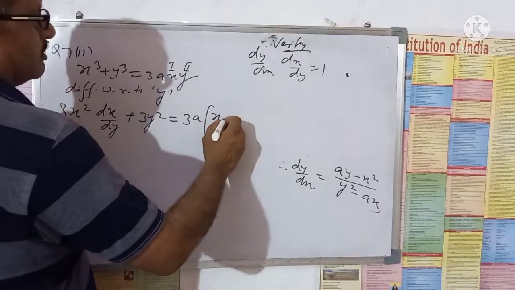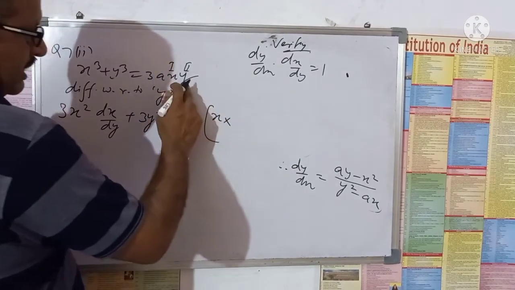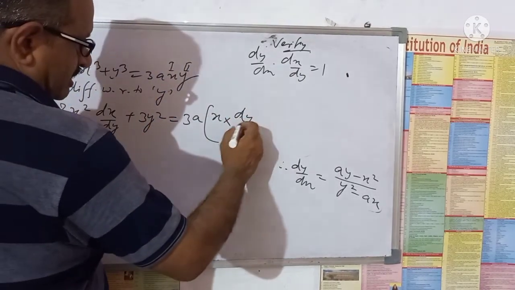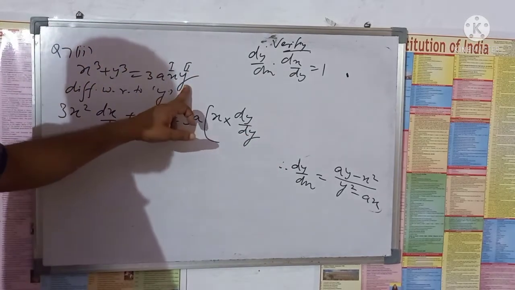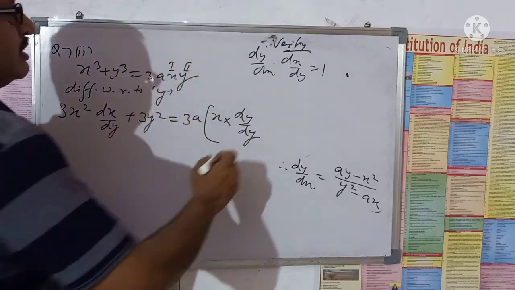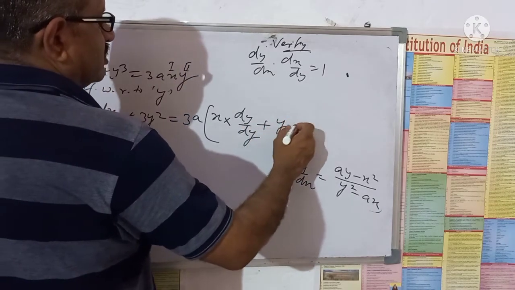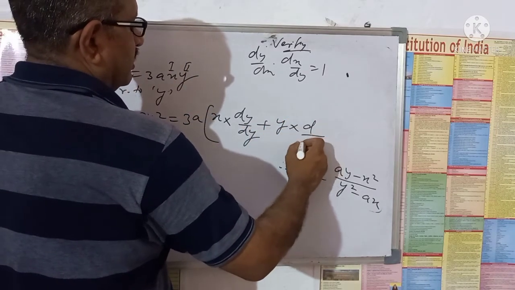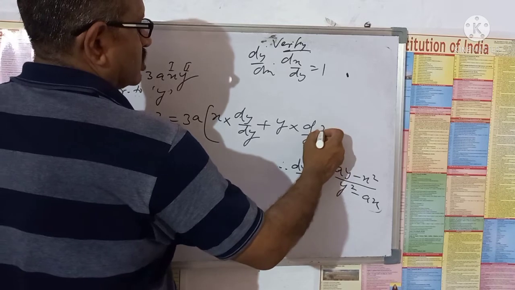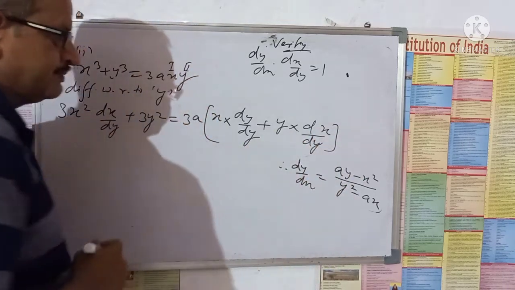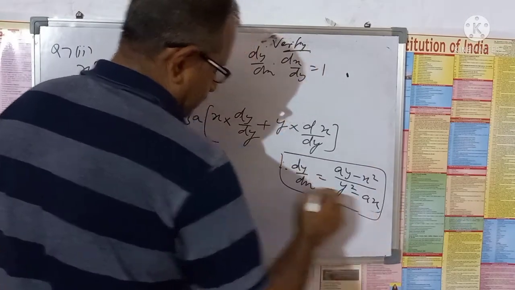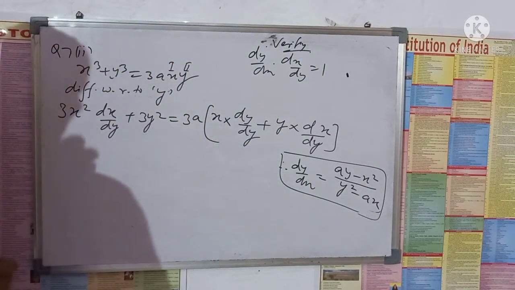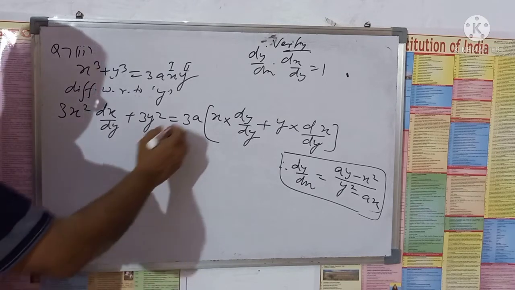Again two functions are there. Write the first function x, derivative of the second function y with respect to y, plus the second function y, derivative of the first function x with respect to y. Now we can divide by 3.